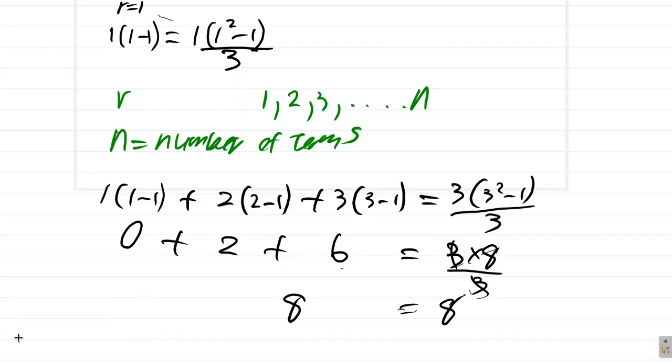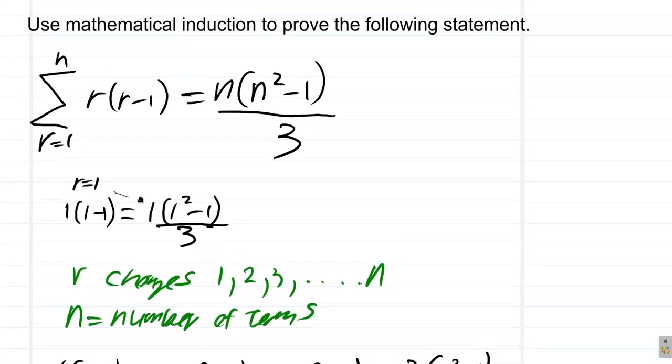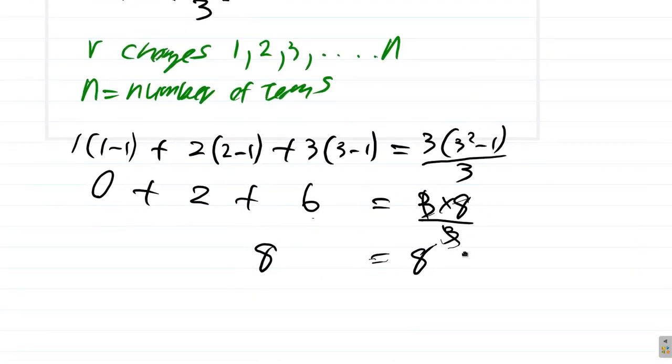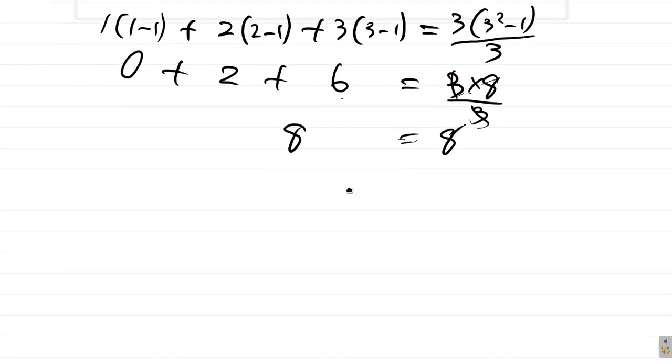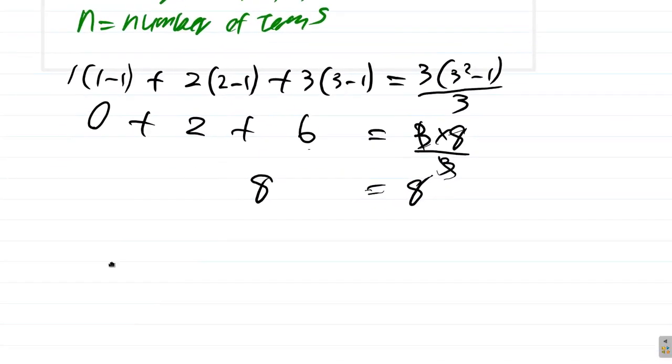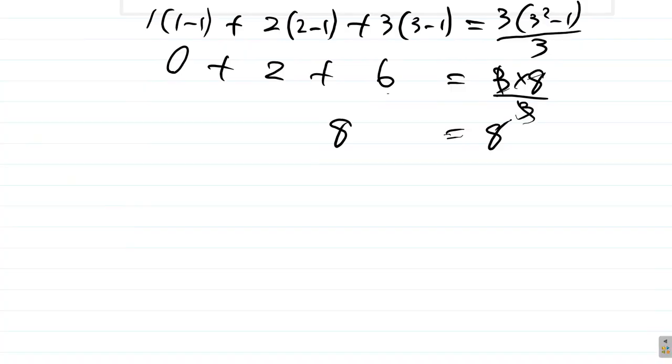I should write here: r changes. It goes 1, then 2, then 3, up to where you stop. That's n. Alright.